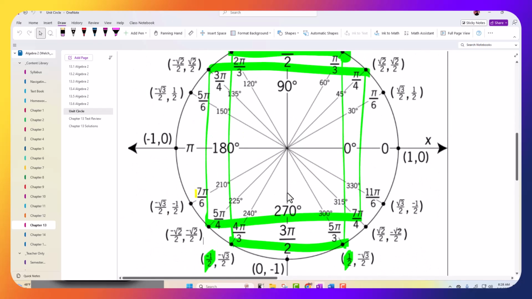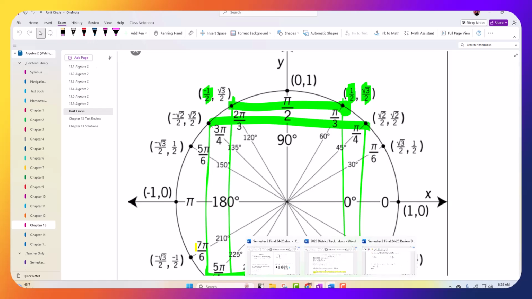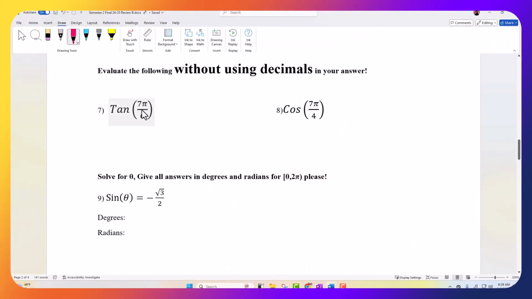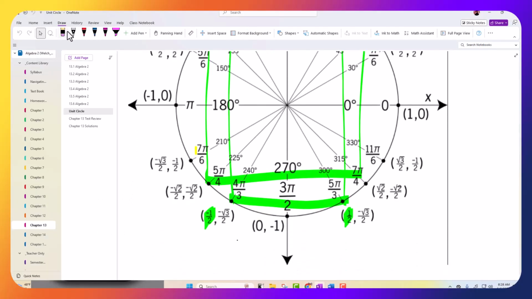We've got a right triangle here. You should have your tangents written down along the edges, but on the off chance you don't, the tangent of 7 pi over 6 would be right down here, right? So I'm working off of this.